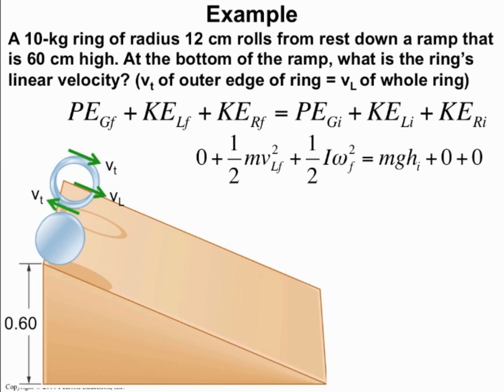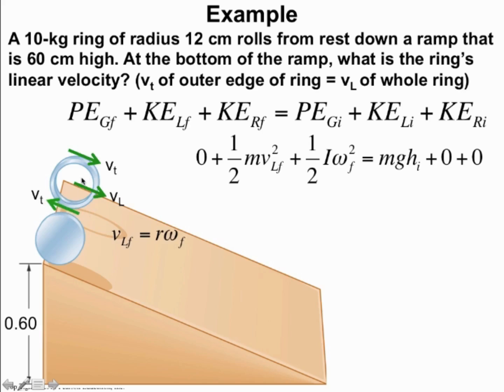Now we just have a whole bunch of manipulation and algebra. To start off, let's remember that VLF equals R omega F, because we know that V equals R omega. If you look at this sketch, we have a green VT vector going this way, and another green VT vector going the other way because it's rolling.